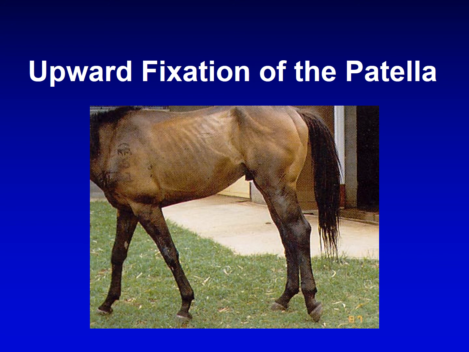So this is the upward fixation of the patella. You fix it by cutting the medial patellary ligament. We call that medial patellary ligament desmotomy, cutting the ligament, to unlock the position of the patella.